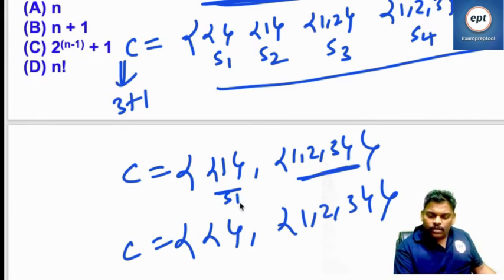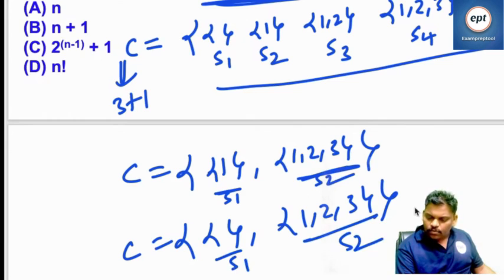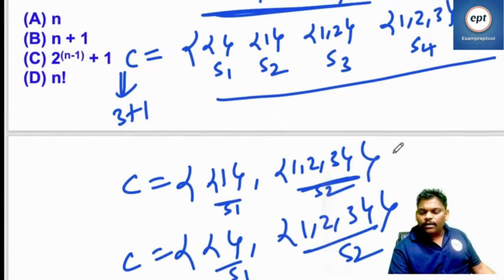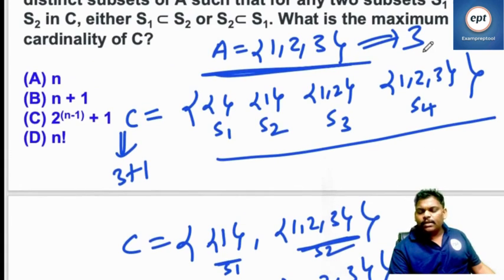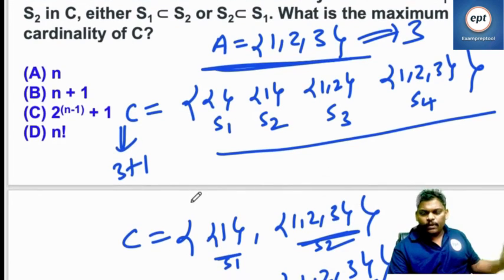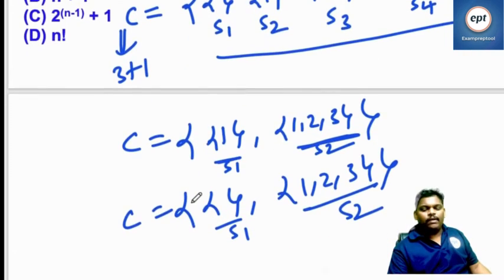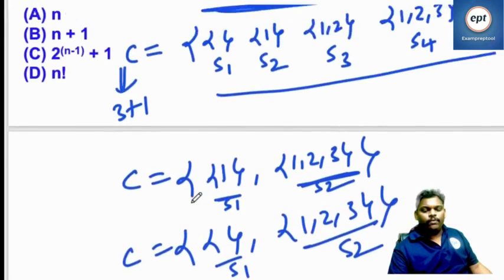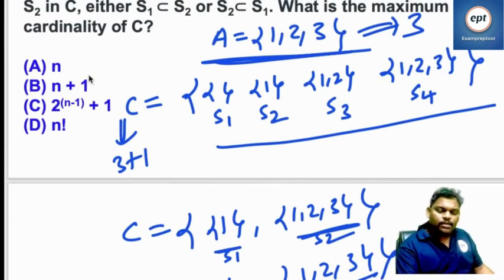It is the S1, it is the S2. I want the maximum cardinality. If I take a set with 3 elements, I will get the maximum cardinality 4. If anyone has any doubt, please let me know. So the answer for this problem is, I think, B.